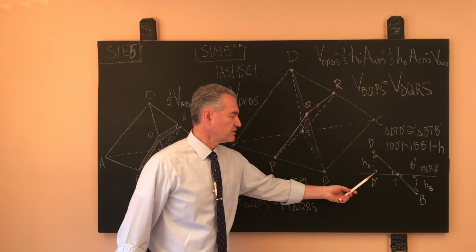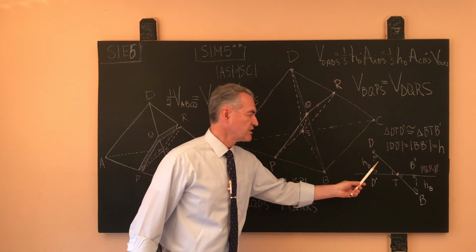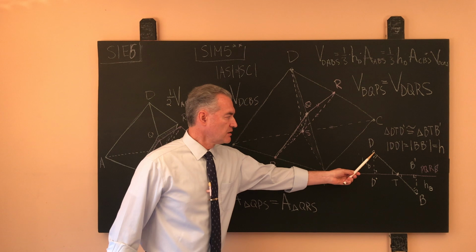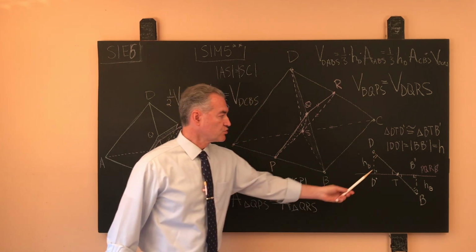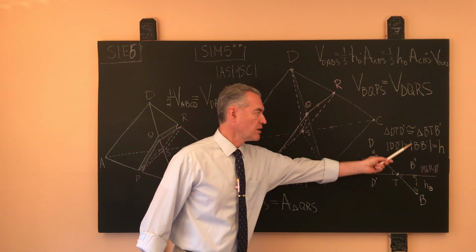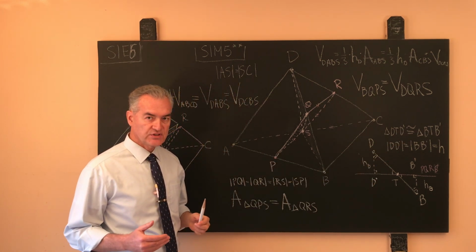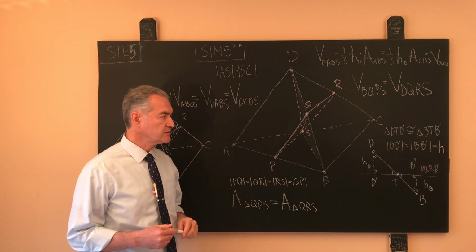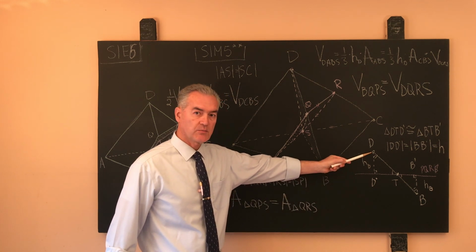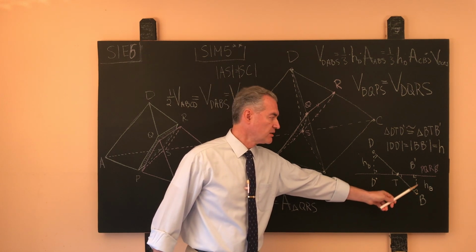In other words, the angles D'DT and B'BT also have the same magnitude. Consequently, by angle side angle, these two triangles DTD' and BTB' are congruent. And in congruent triangles, the lengths of the sides that lie opposite equal angles must be equal to one another, which means that in this case the length of the line segment DD' is the same as the length of the line segment BB'.